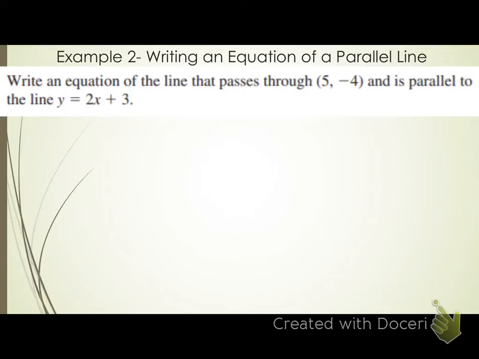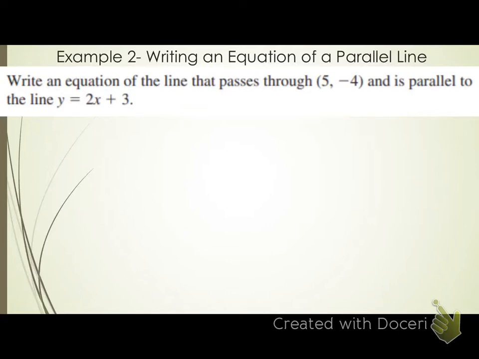How am I going to come up with an equation of a line that goes through that point and is parallel to the line that I'm given? Anyone have any thoughts or ideas that we could try out real quick?